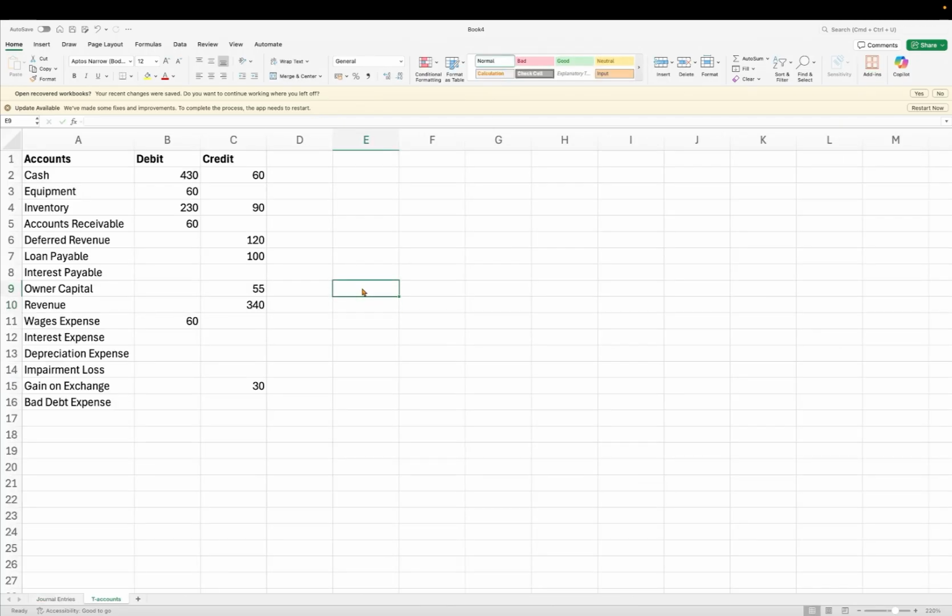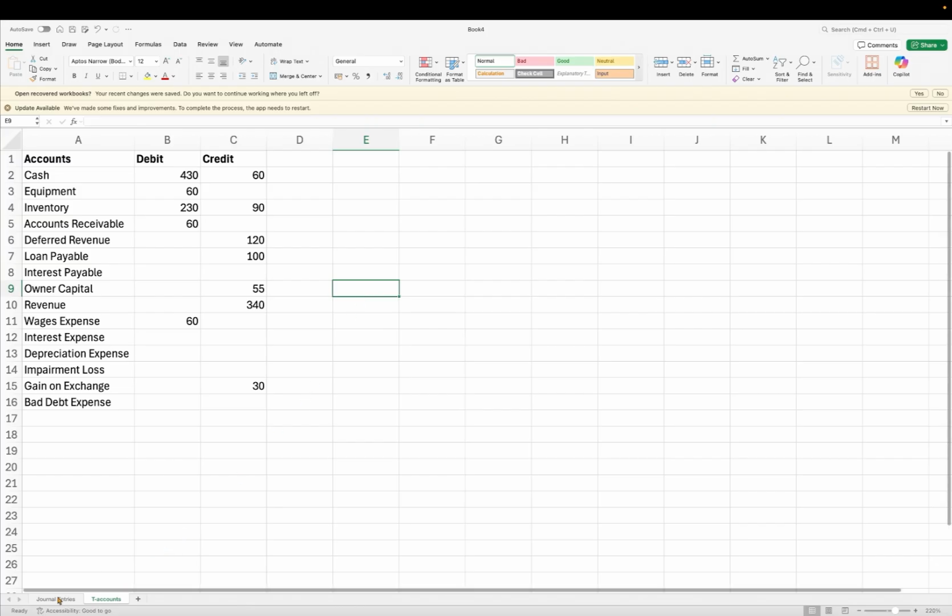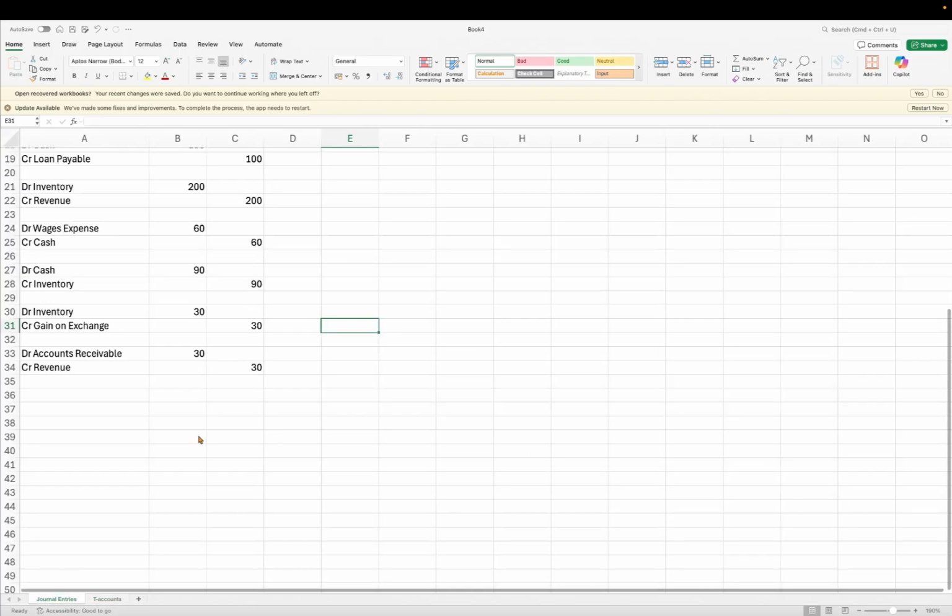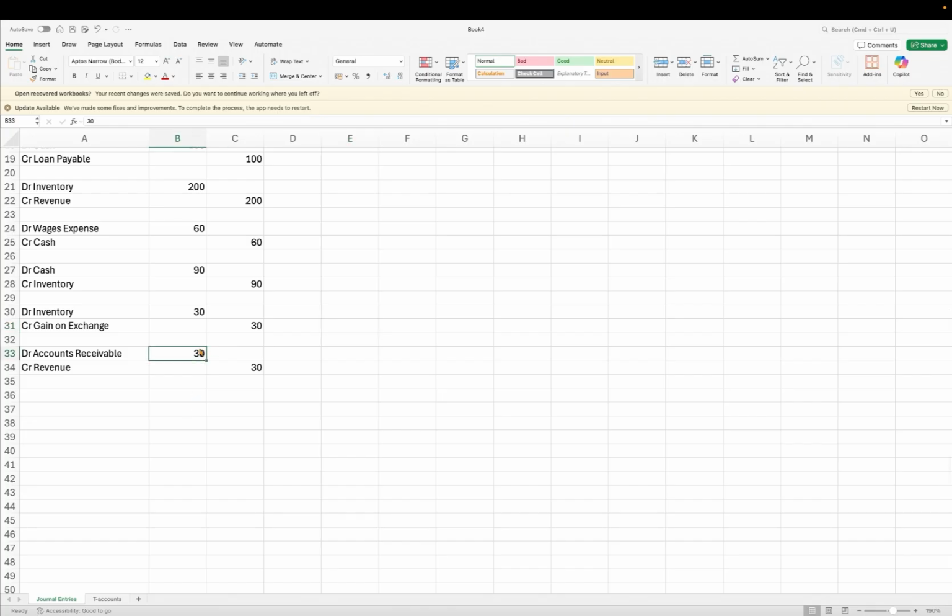Posting the debit portion to the ledger. The journal entry shows, just like always, 30. A debit of 30 to accounts receivable.